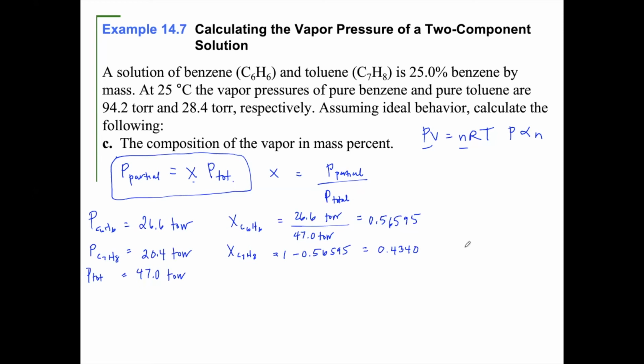Now, let's just say that hypothetically, we had 1 mole of gas total, right?